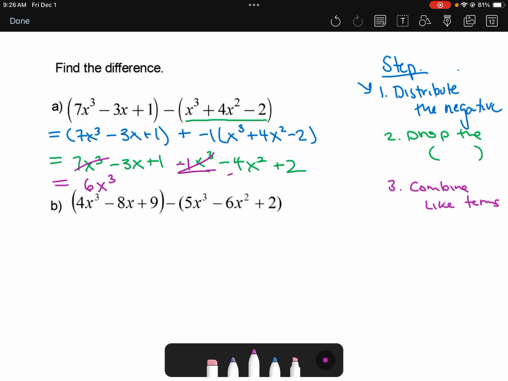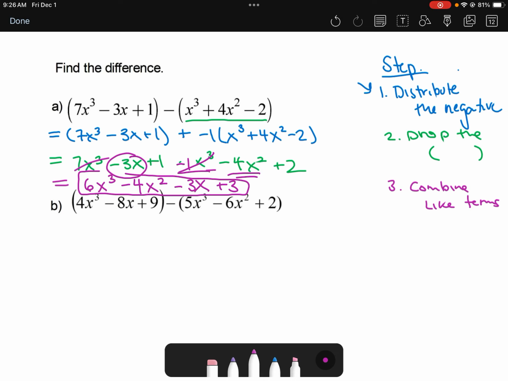Now I'm going to go to the x squared. There are no other ones, so minus 4x squared, minus 3x. And then we have 1 plus 2, which is 3. So that is with subtraction. Again, with subtraction, you just add that one extra step and then everything else is the same.